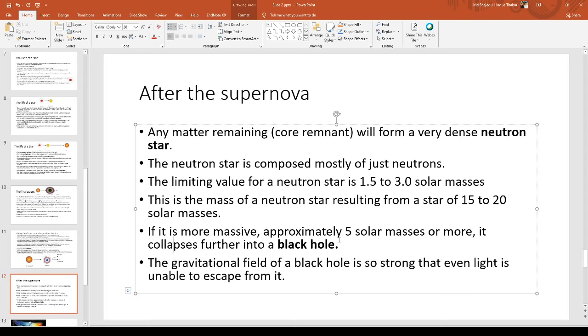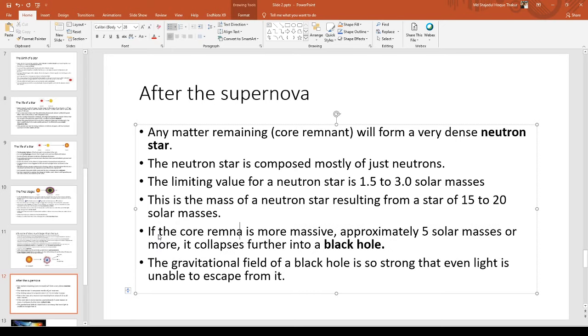So if the core remnant is more massive, approximately 5 solar masses or more, now the core remnant was supposed to form the neutron star, right? But if the original star is way too large, like 30 times or 40 times the mass of the sun, its core remnant will also be too large.